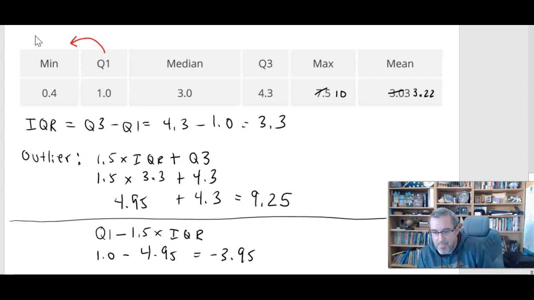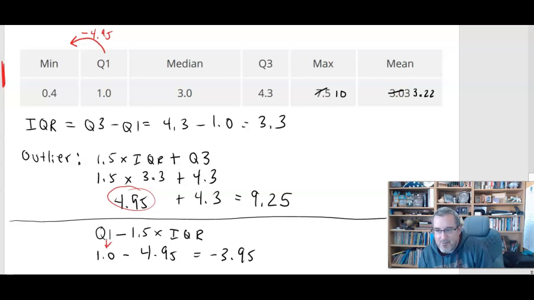Let's find out. So you take 1.5 times the interquartile range. Remember that came out to be 4.95? And then from that first quartile, you back up 4.95 to see if it would back up such that this would be an outlier. Well, no. If you take 1 and then back up 4.95, you get negative 3.95. That would be way out here.